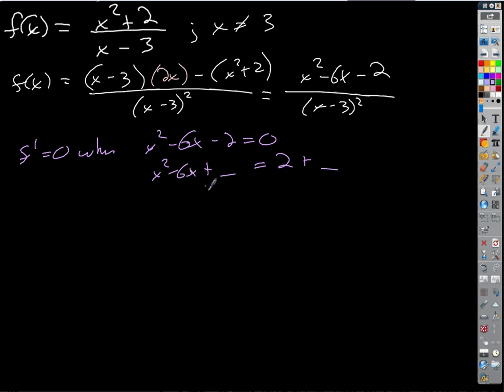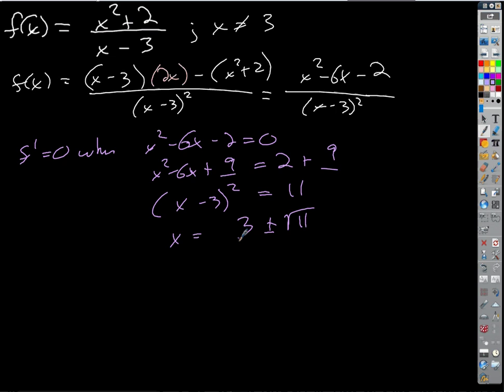Negative 3 squared, so add 9. I'm getting 11, and over here I'm getting x minus 3 squared. Then if I square root both sides, x equals plus or minus the square root of 11, and then I have to add that 3 over. So those are my 2 solutions.